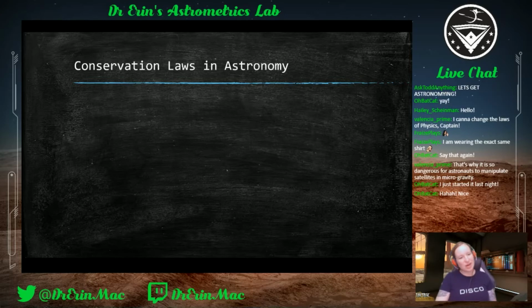All right, so conservation laws, these are important to physics wholesale, but how they necessarily apply in astronomy, like I said, the first one is conservation of momentum, and it'll primarily be angular momentum when we're talking about this.